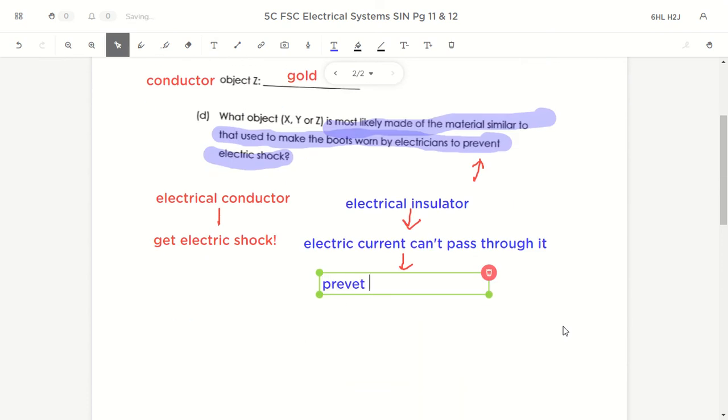Prevent electric shock. Okay, so it's as simple as this.